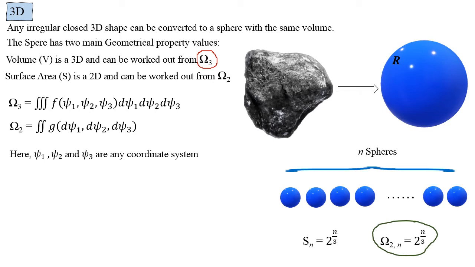In the new notation, because the surface represents omega 2 and n is the number of divisions, it is 2 to the power n divided by 3. Do not forget those two are exactly the same, but for a reason we introduce the new notation, which you will see shortly.